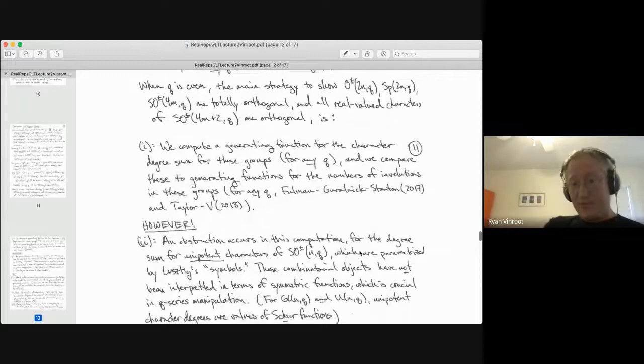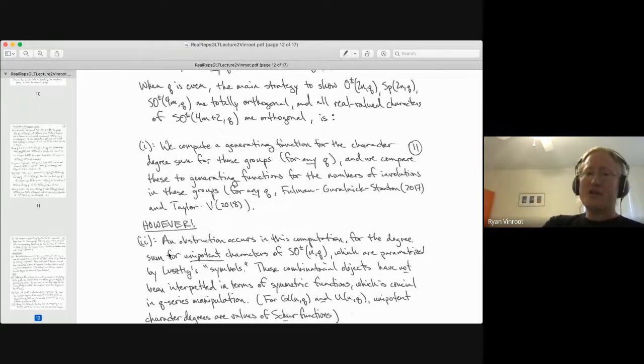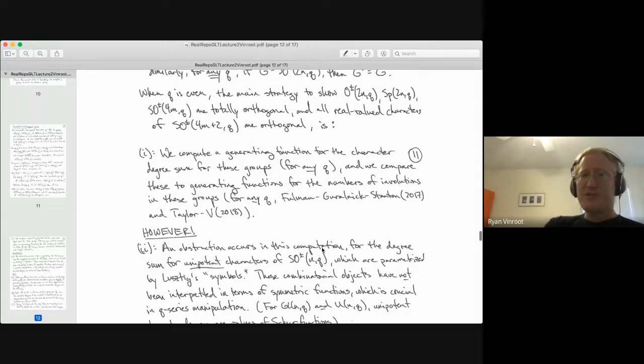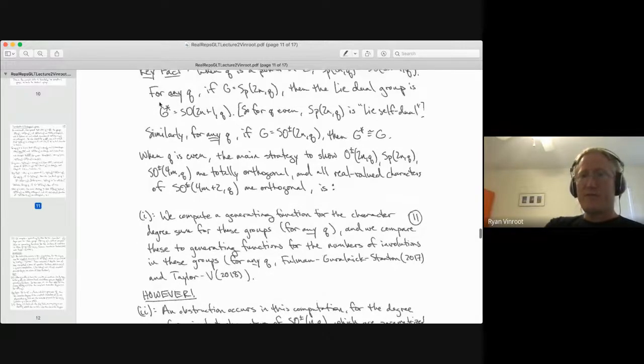And this comes up to a question earlier. The obstruction comes when we want to sum the unipotent character degrees for the special orthogonal group, so all of these dual groups, either of odd dimension or even dimension.